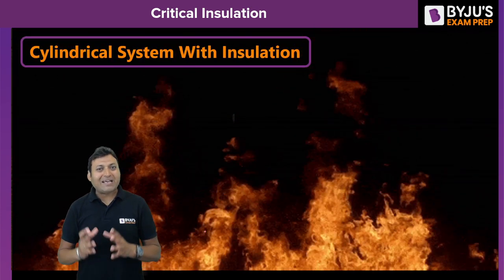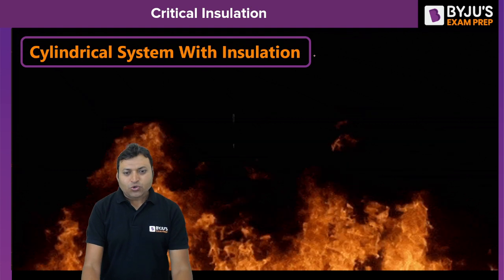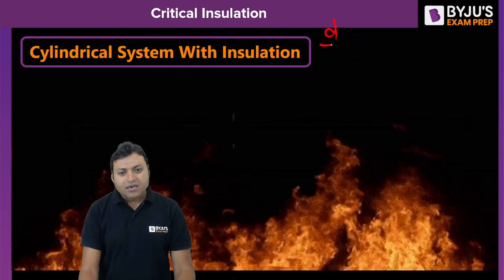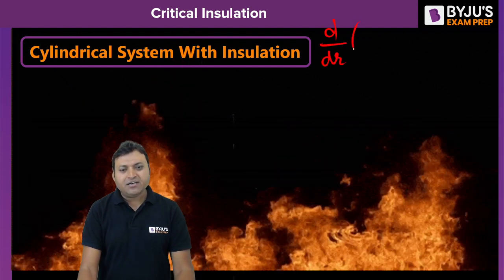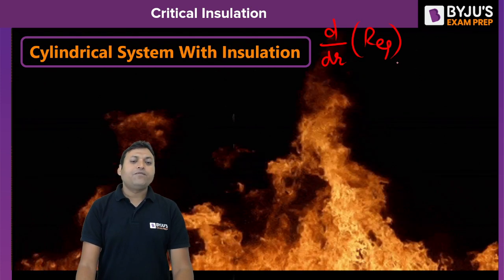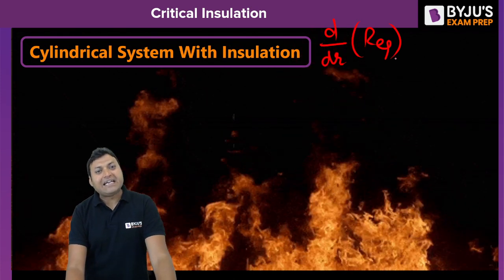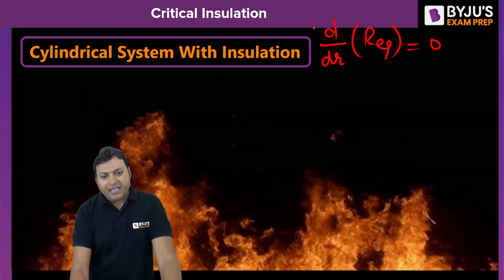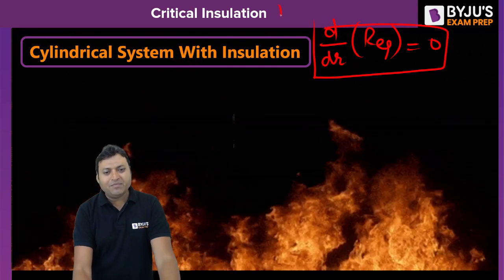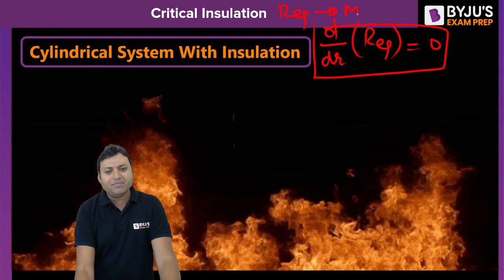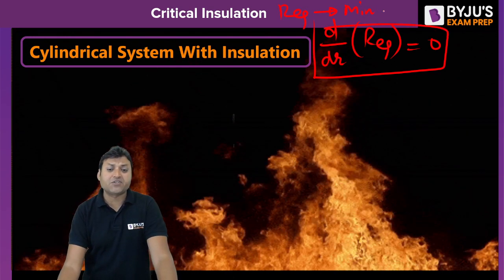So if we talk about a cylindrical system, the condition for attaining the critical radius of insulation is that the equivalent resistance should be minimum, then only the rate of heat transfer will be maximum.